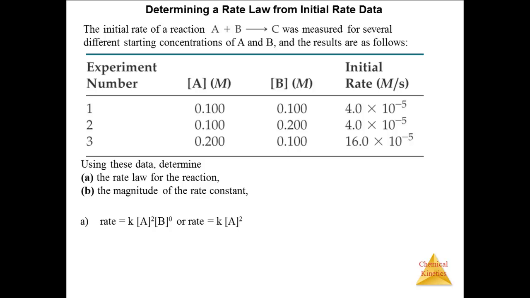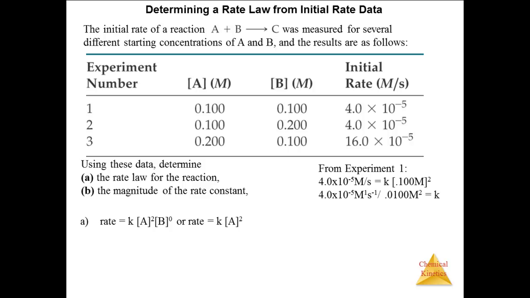A common thing to calculate is the value of the rate constant and the units. If we plug the values for one of the experiments into the form of the rate law expression, we can calculate k. If we use the values from experiment 1, we have 4.0 times 10 to the minus 5th molar per second equals k times 0.100 molar squared.